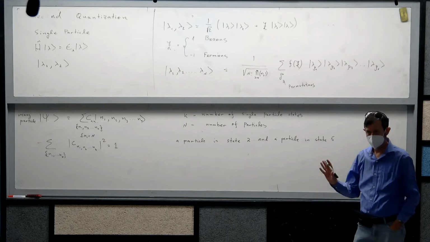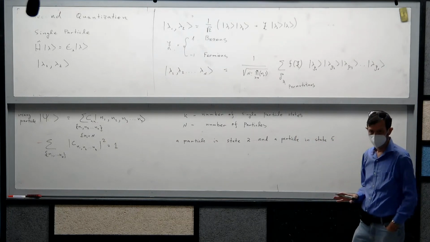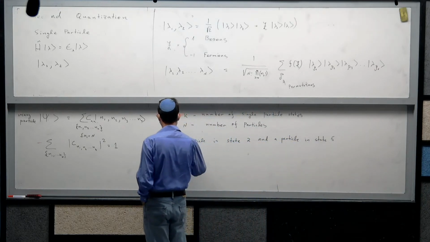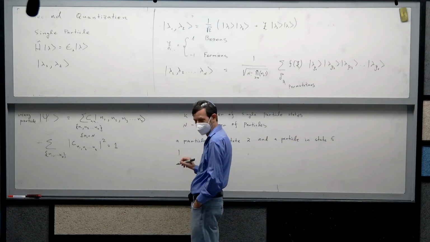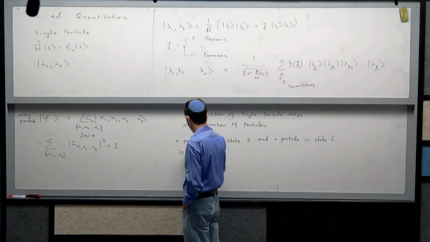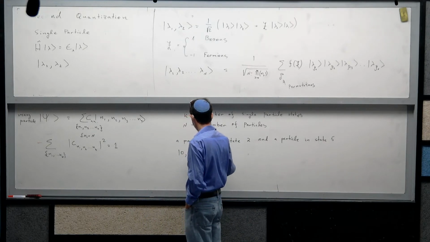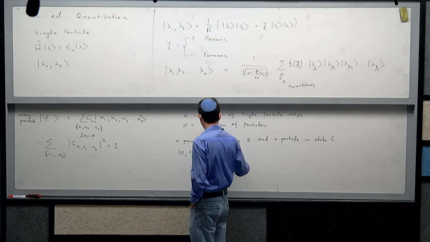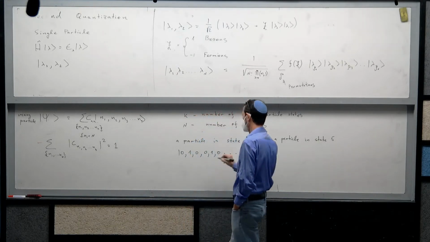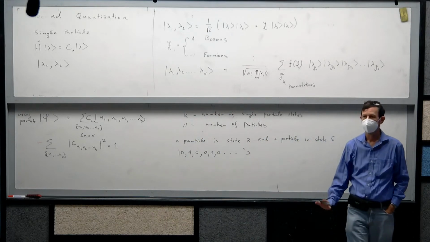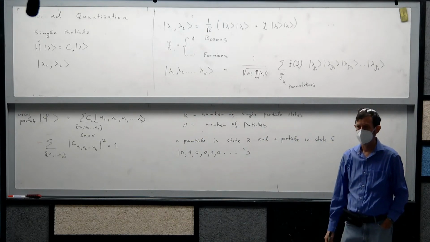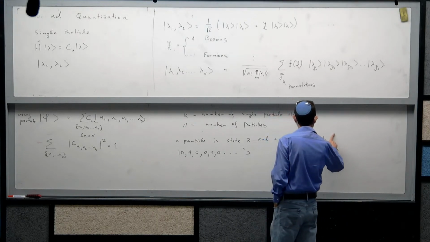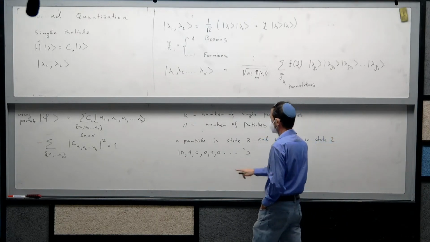That's the case for fermions. If at some point we insert 5, what does this mean?